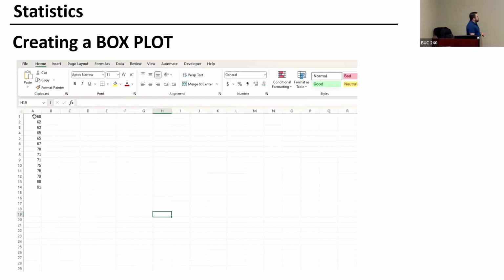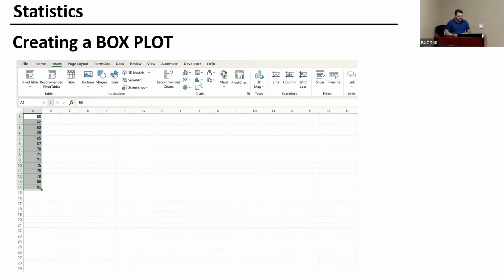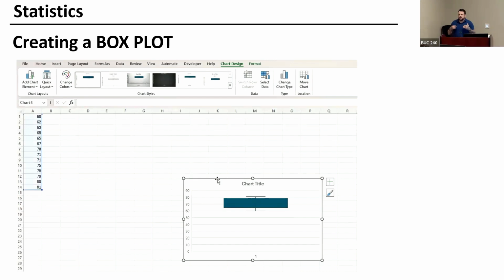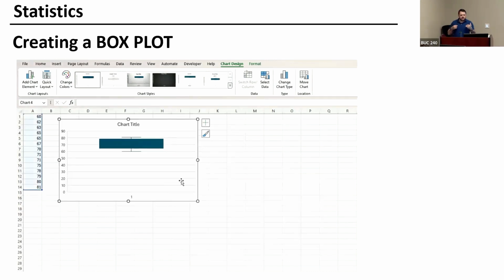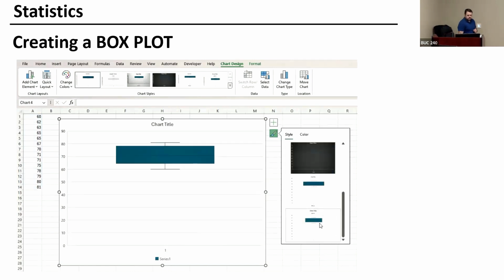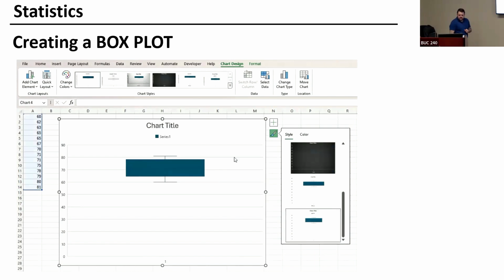You ever need to do this on Excel? This is how you would do it, list all your data there. What's really nice is, like I said, why would you try to draw graphs nowadays? Man, Excel does everything for you. Notice Excel literally just said, hey, this is what you want, let me give it to you. And there it is.